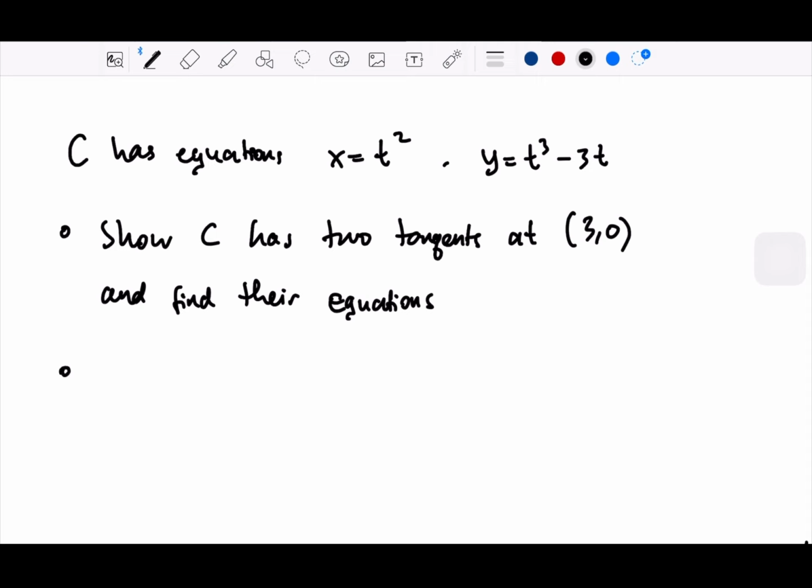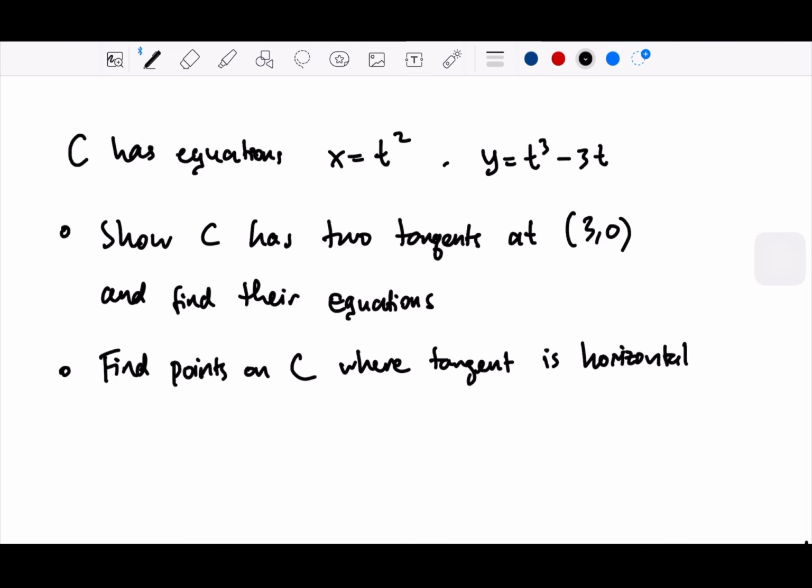Number two, find points on C where the tangent is horizontal or vertical.